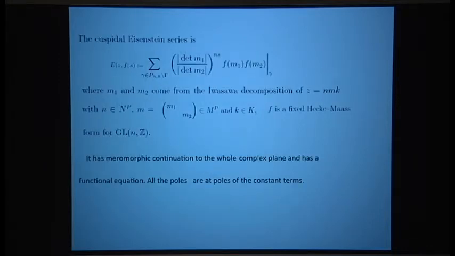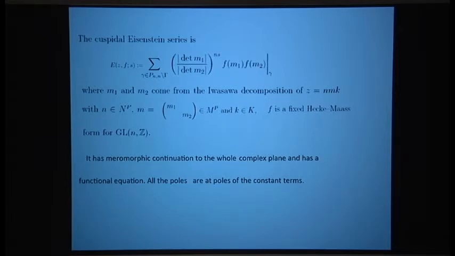So now we define the cuspidal Einstein series. Using that Iwasawa decomposition, in the Levi, M equals M1, M2. We use the determinant of M1 divided by the determinant of M2 raised to the S power times F of M1, F of M2, and then we average over the group.